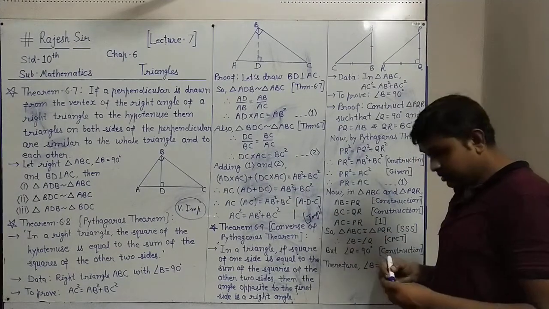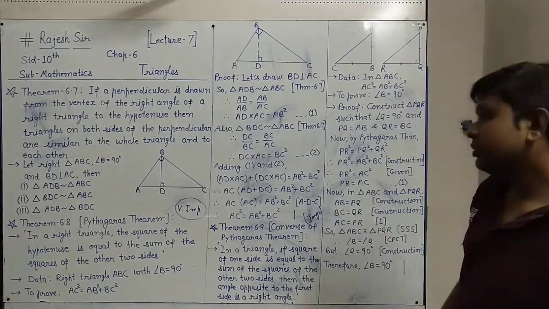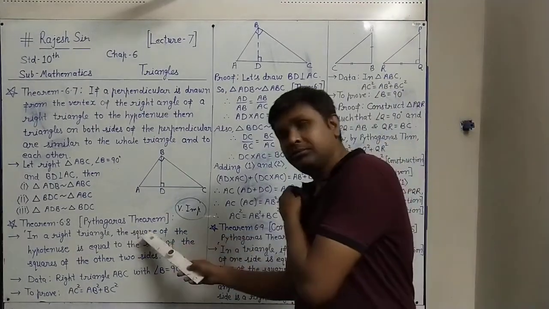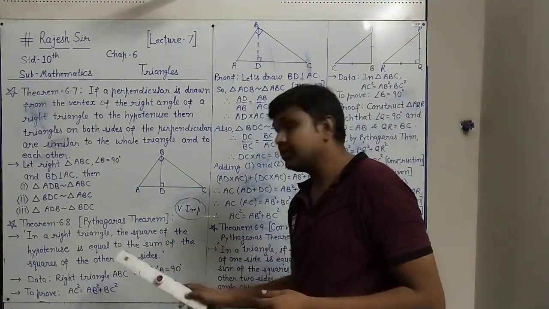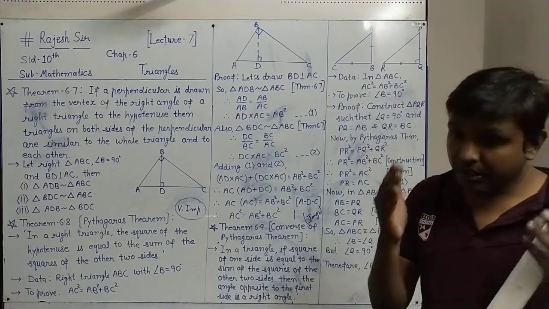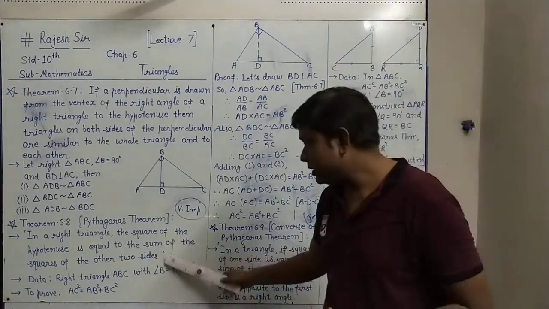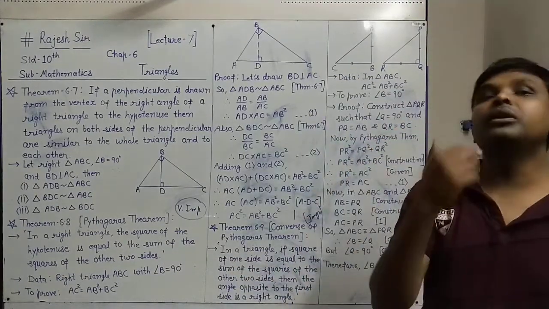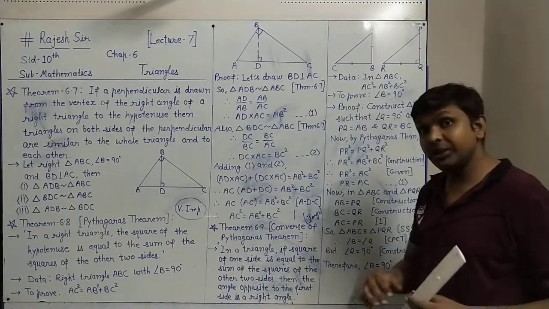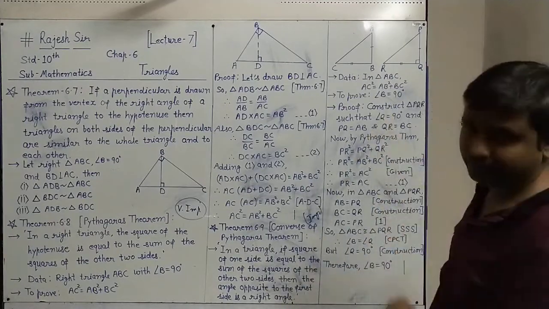Sometimes the question is asked like this: state the Pythagoras theorem, which means we have to write the statement of this, and then prove its converse. We have to see the question very carefully. If it is asked to prove its converse, it means we have to prove this theorem.